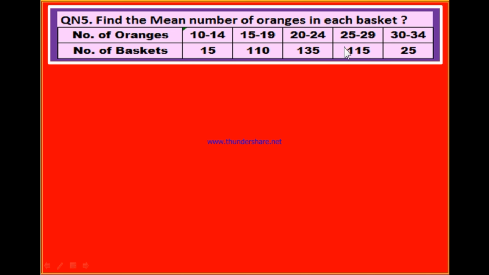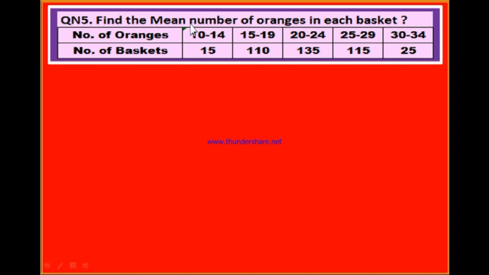And the number of baskets that contain 25 to 29 oranges is equal to 115. And for 30 to 34 oranges the number of baskets is 25. This is the table, or grouped distribution, or grouped data given for us. For this grouped data, you have to find the mean or arithmetic mean.